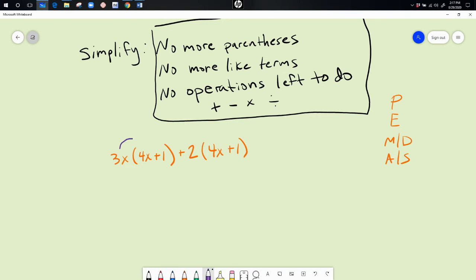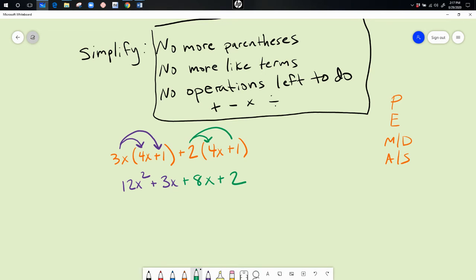Let's distribute. 3x times 4x is 12x squared. 3x times +1 is positive 3x. Now we're going to multiply this 2. It's a positive 2, which makes it easy, times 4x, so positive 8x, and 2 times +1 is positive 2.